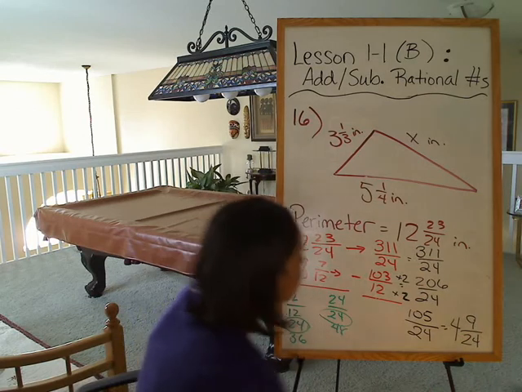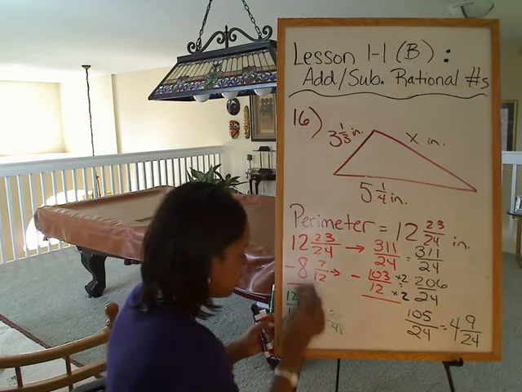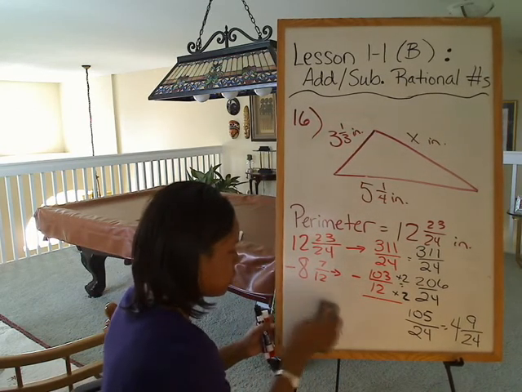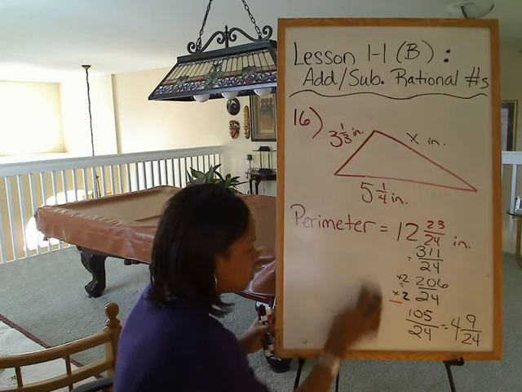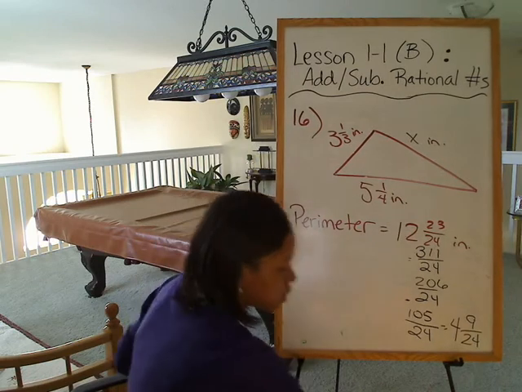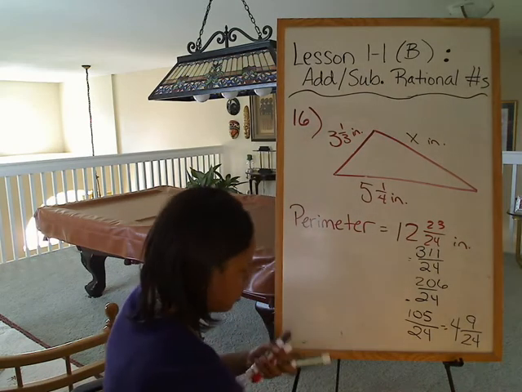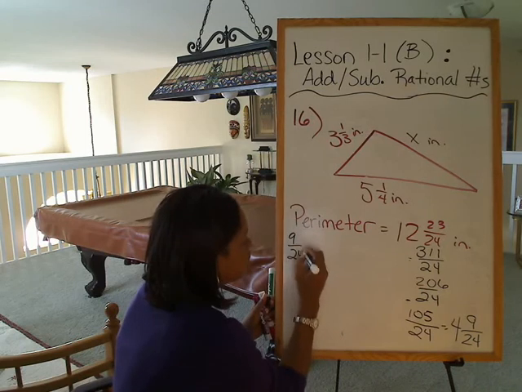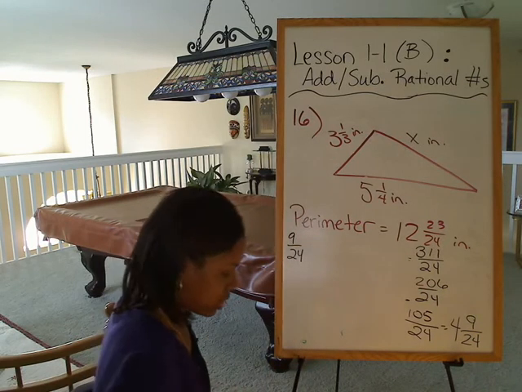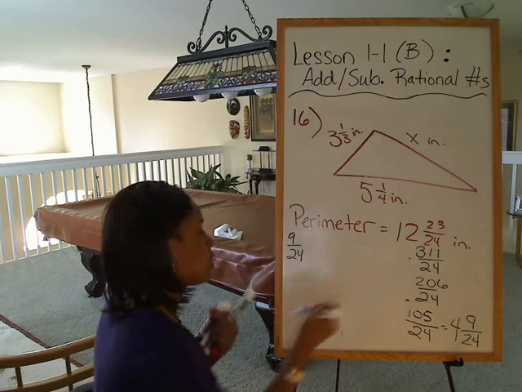They made you do a lot of work with this one. Let me just erase this over here. Okay, so 9/24 can be simplified. Let's divide by 3.